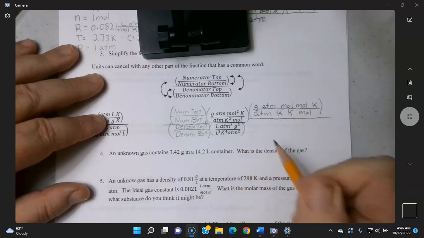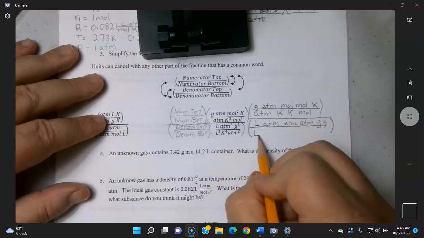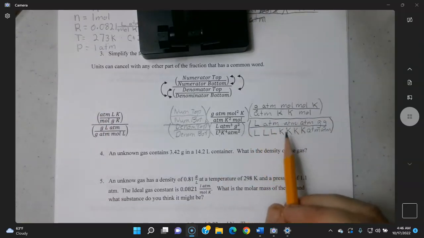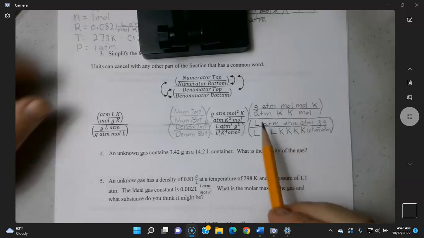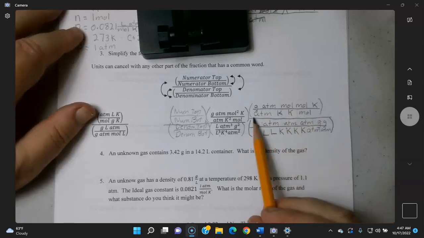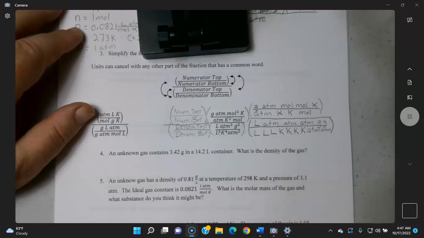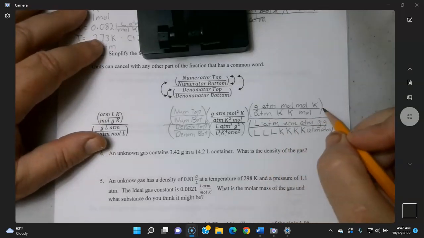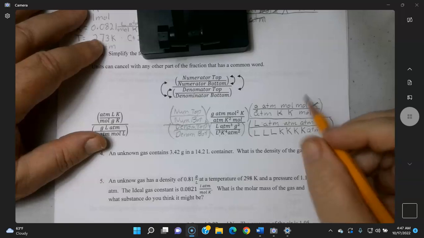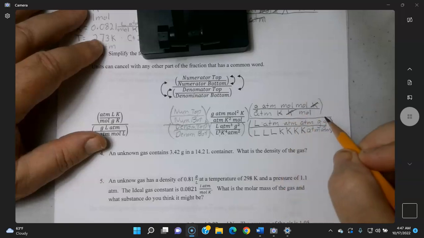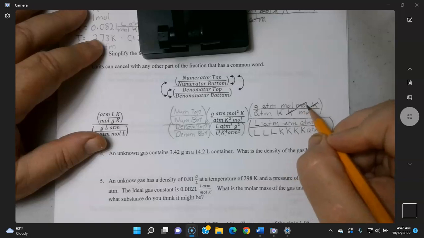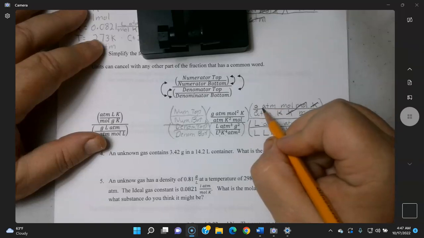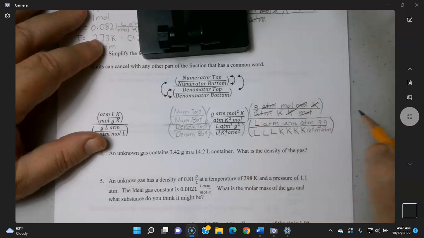Now we go to the bottom. Okay, so again, in between these are times signs. I think you all know that. You're multiplying everything here, everything here, everything here. Okay, so let's go ahead. You can just start canceling anything that fits. So numerator top, numerator bottom, numerator top, numerator bottom, numerator top, numerator bottom.